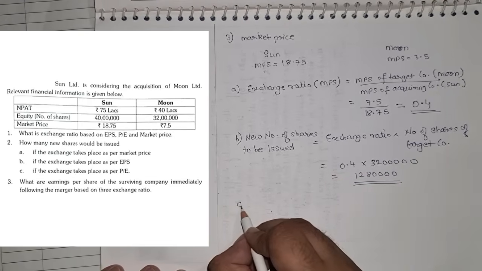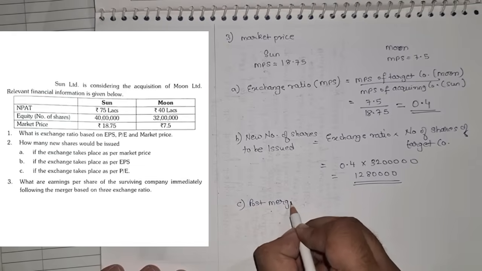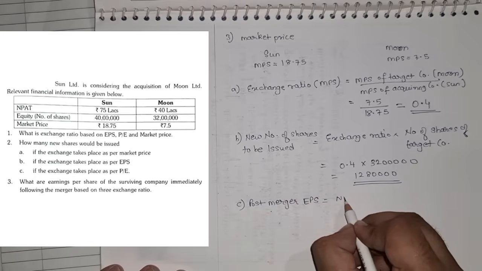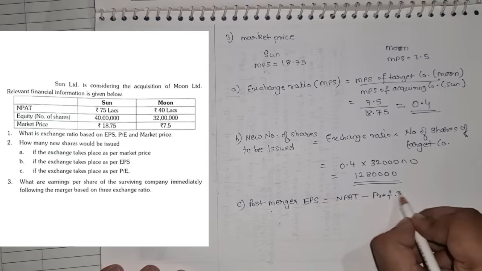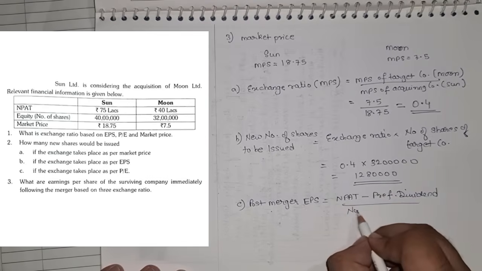Okay, once I get that, we come to the last, post merger EPS, which is NPAT minus preference dividend upon number of equity share.